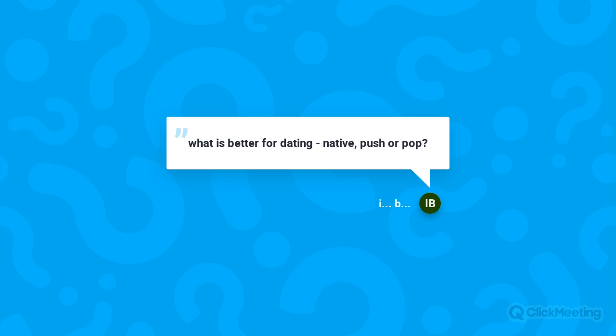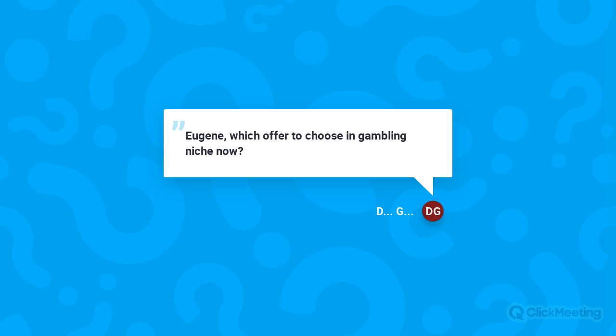Okay, next question for you, by the way. Eugene, which offer to choose in the gambling niche now? Definitely not betting, but I think try some casino. I think that's a good thing right now. What about cyber sports betting?